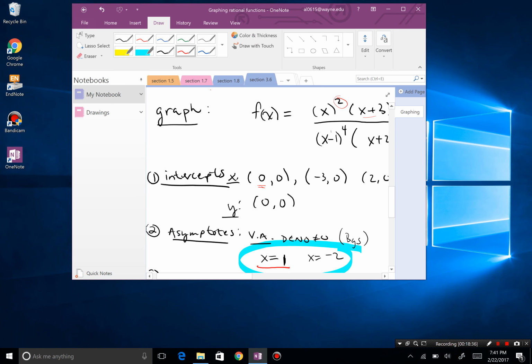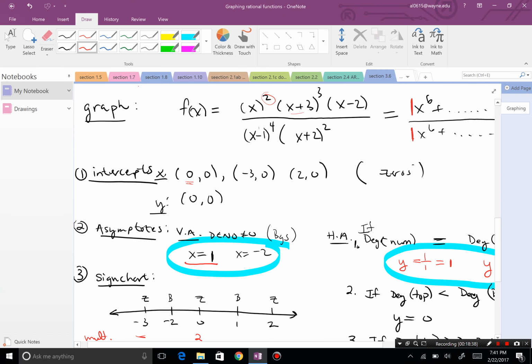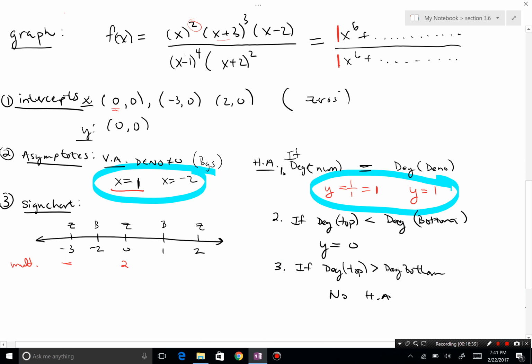Sorry, guys, I'm still learning how to use a computer. It's really weird. So this is a 3. At x minus 2, the multiplicity is 1, and that produced our 0, that's a 2. So that's this guy. Now, x minus 1, the multiplicity is 4.